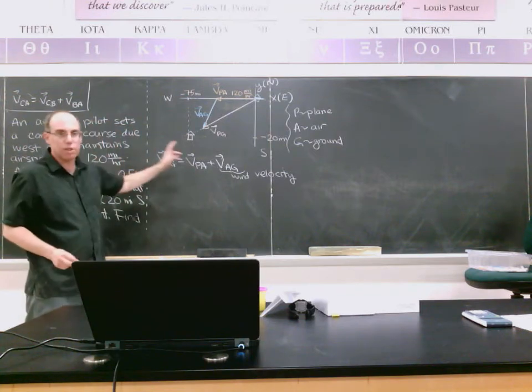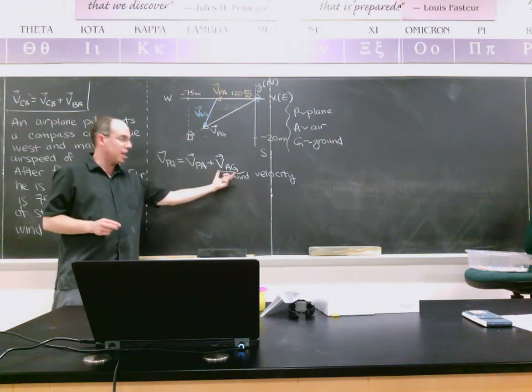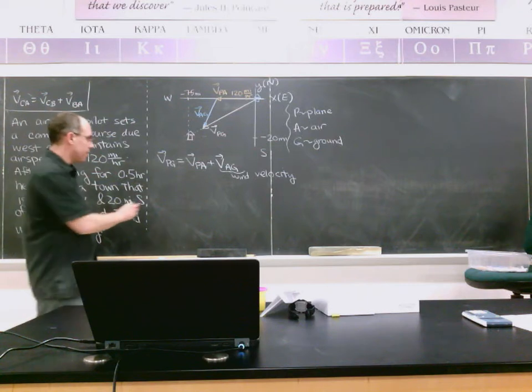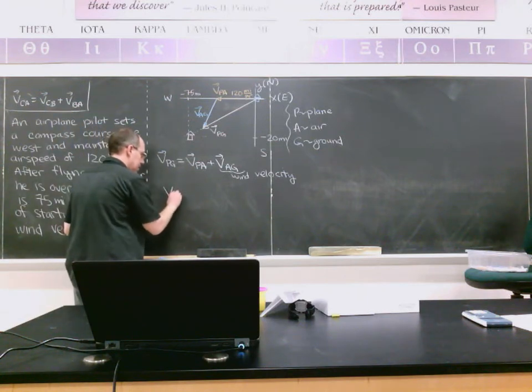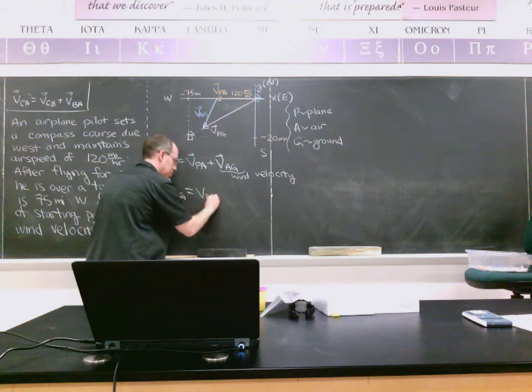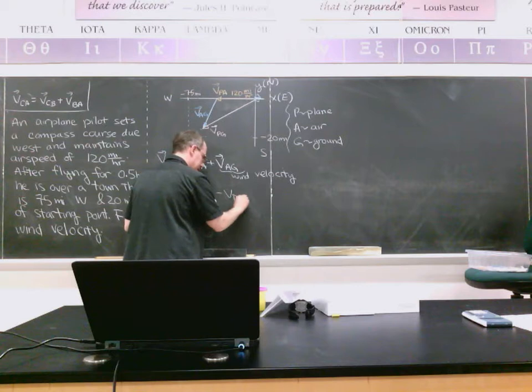Okay, so anyways, to do the calculation, we're trying to find the wind velocity, which is velocity of air with respect to ground. So let's solve for that. We have velocity air with respect to ground equals velocity plane with respect to ground minus velocity plane with respect to air.